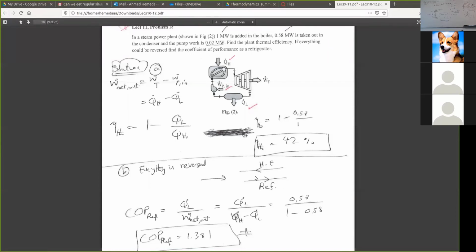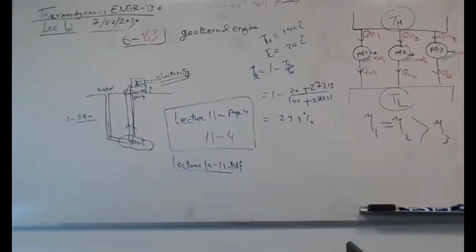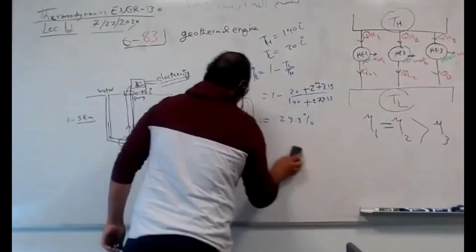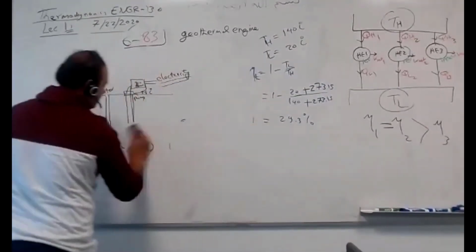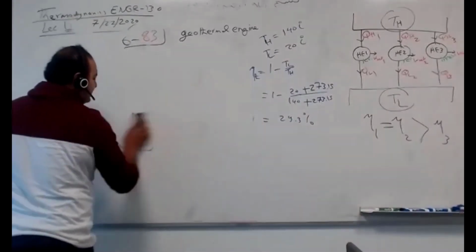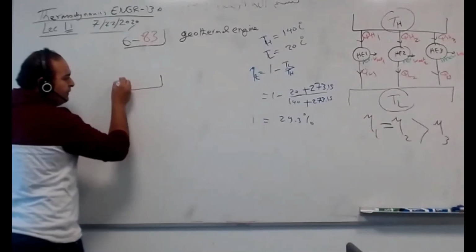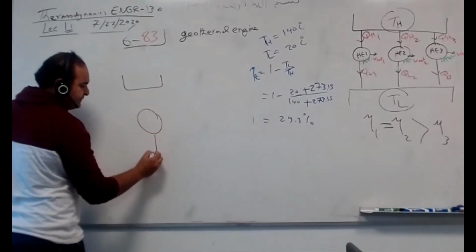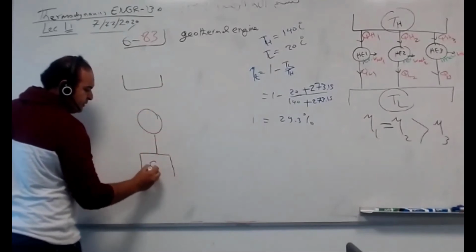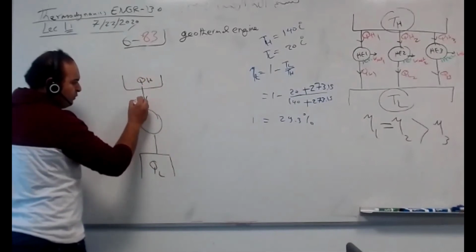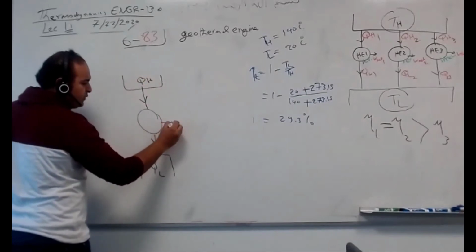Refrigerator is opposite. So let's draw it back on the board, please. As you remember from the Benz diagram, the same problem. In the Benz diagram, guys, we said this is Q high, this is a heat engine, this is Q low, this is the lower reservoir, and the top reservoir, always with the arrow going downward this way, W out.